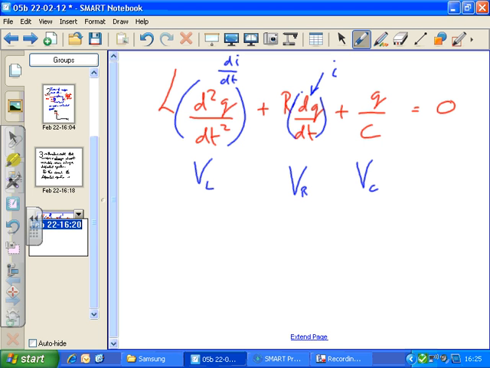So what we're actually saying is the voltage across the inductor plus the voltage across the resistor plus the voltage across the capacitor equals 0, which is Kirchhoff's law for voltages in a loop. So all we've done here is write an expression for the voltage across the inductor in terms of charge, the voltage across the resistor in terms of charge, and the voltage across the capacitor in terms of charge. Why have we done it all in terms of charge?